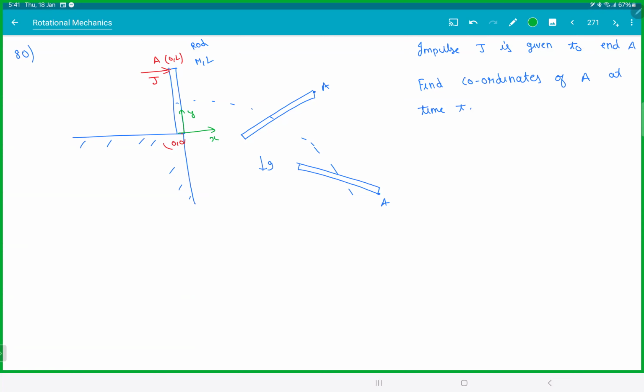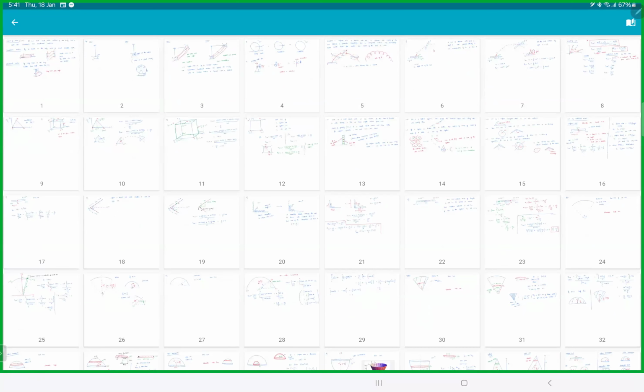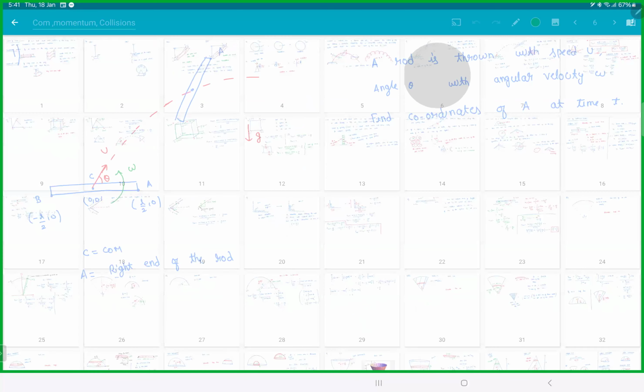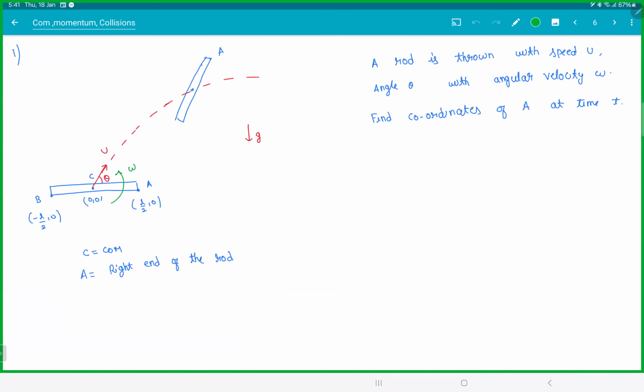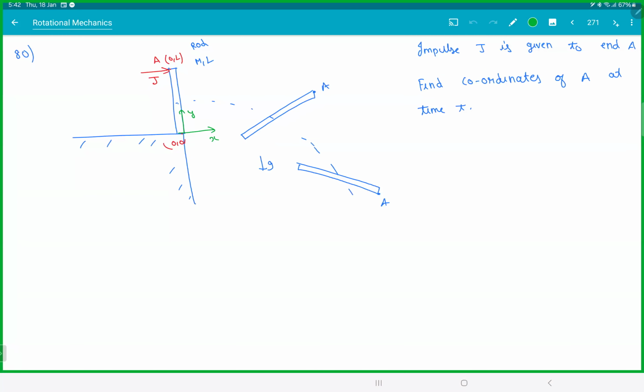So if the rod is rotating and going, find the coordinates of A as function of time t. And again, this is not new. You know where you have done this? The first question, center of mass. Remember this? Coordinates of A. The center of mass will go in a parabolic path and it will rotate in a circle about this thing. So it's a parabola plus a circular motion. Try.